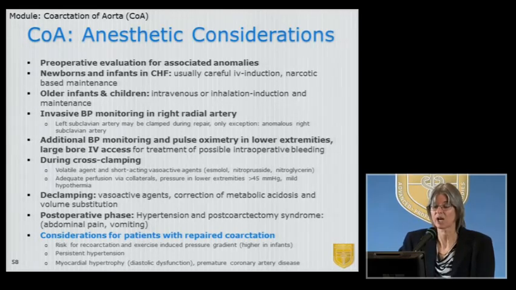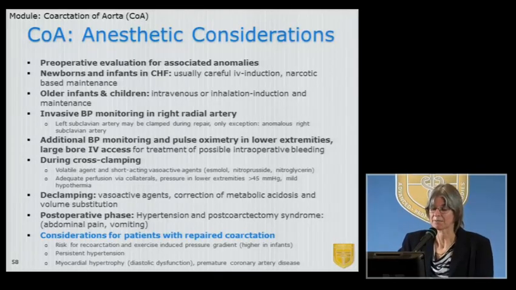And then use mild hypothermia. We usually cool these kids down to at least 34 degrees for neuroprotection. When they declamp, take the clamp off, make sure you have all your vasoactive agents on. Correct your metabolic acidosis. Have a little bit of bicarb ready and have volume ready to bump the pressures up, and be ready for bleeding.